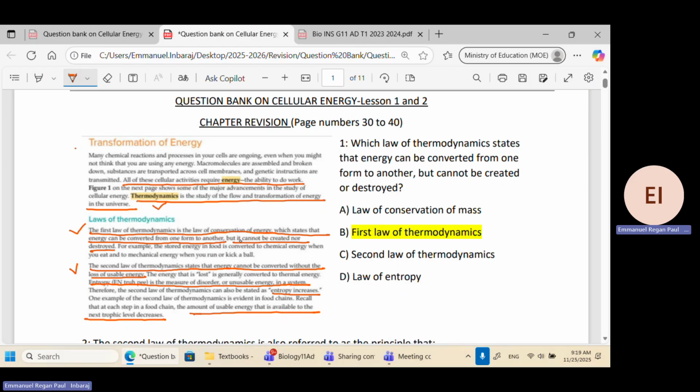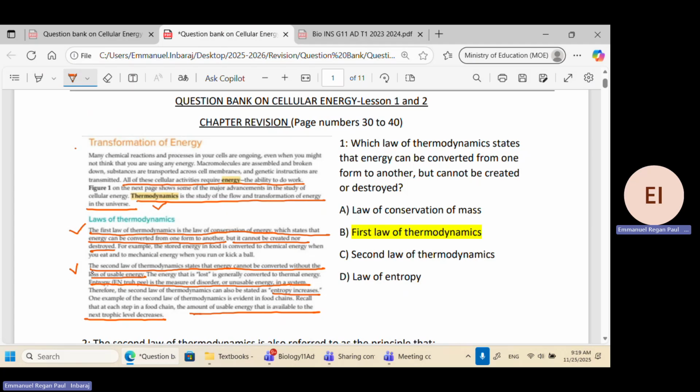Hope it is clear. So this is called the first law of thermodynamics. It is also called the law of conservation of energy.